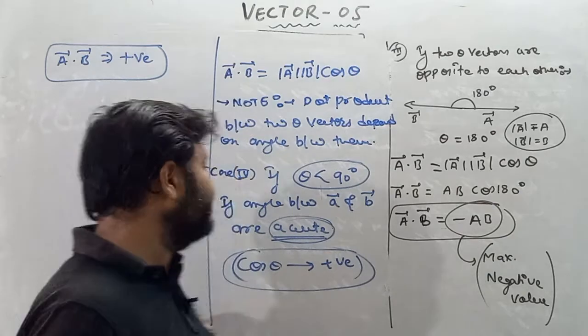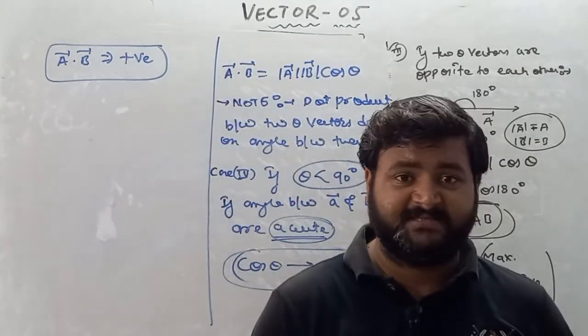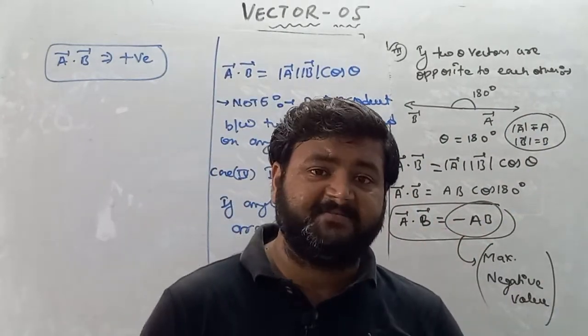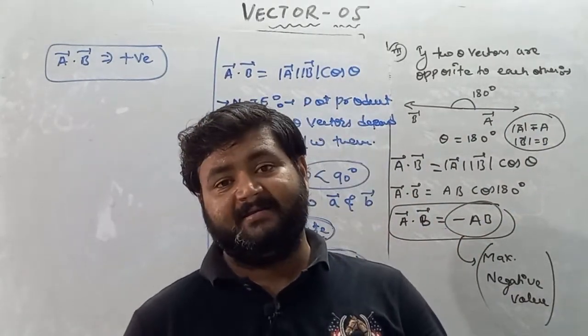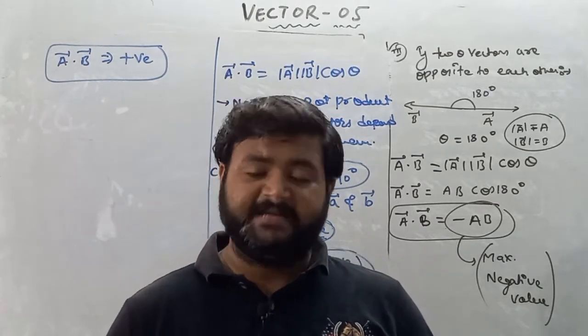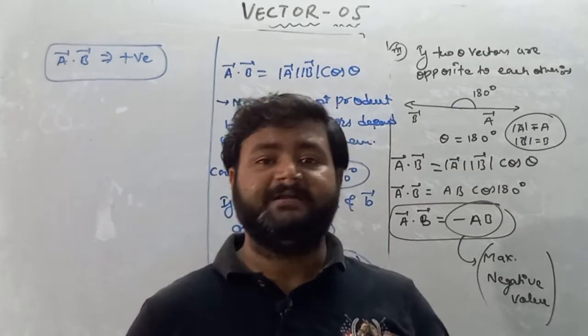So if cos theta is positive, then dot product of two vectors is also positive, and if the angle between two vectors is obtuse, cos theta is negative, so dot product is also negative.